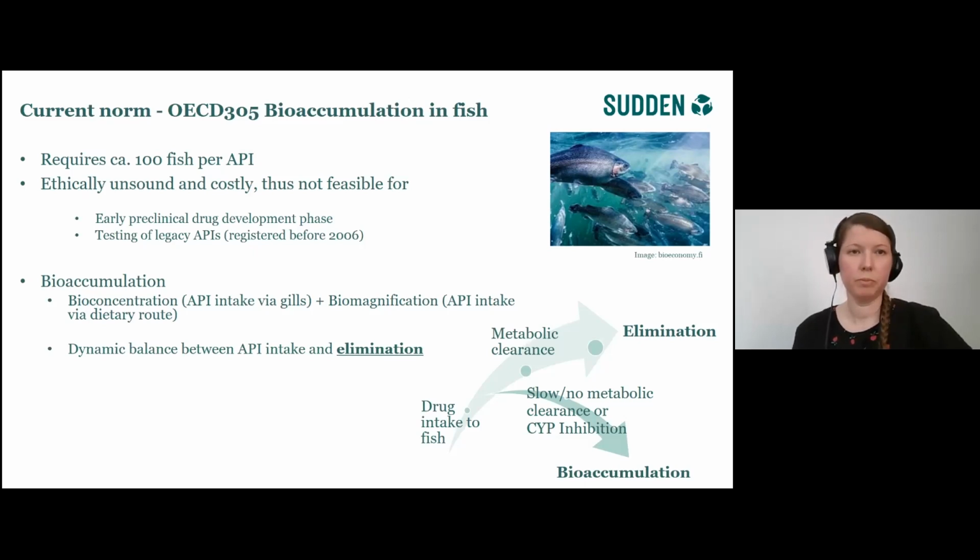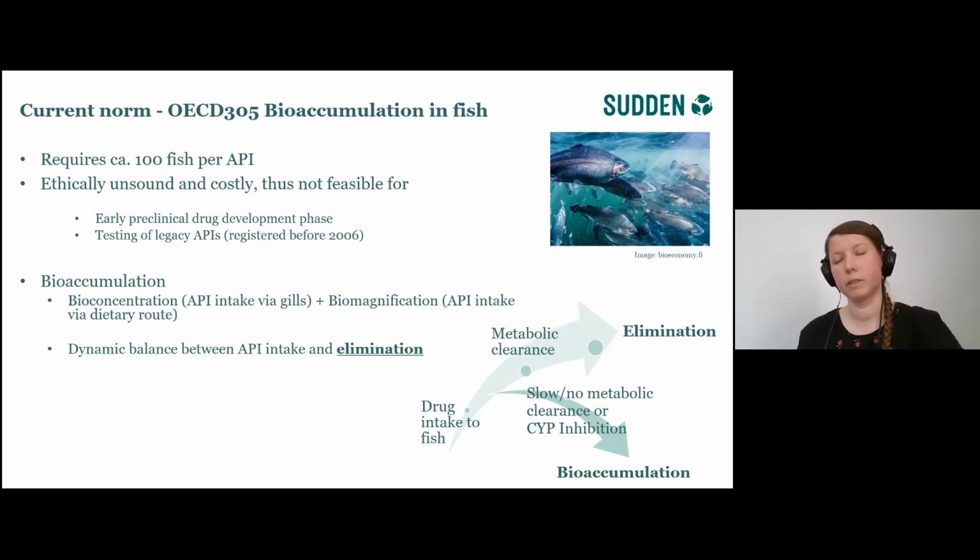So for these purposes, we develop in vitro tools. The bioaccumulation of a compound is a dynamic balance between the API intake and elimination. So we can study drug metabolism also with in vitro tools. In principle, the compounds that are taken into the fish are metabolically cleared in the liver.